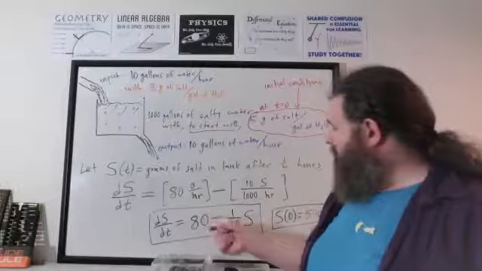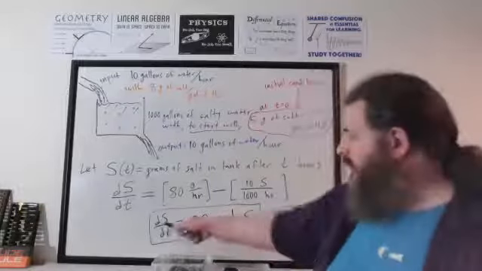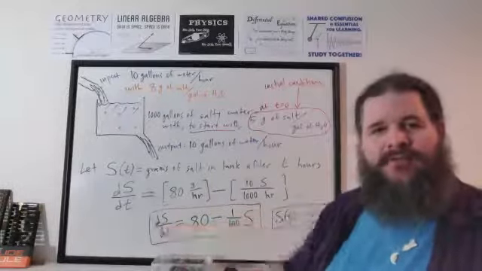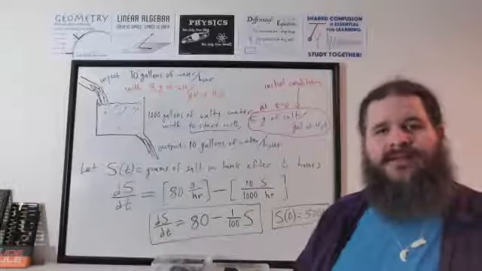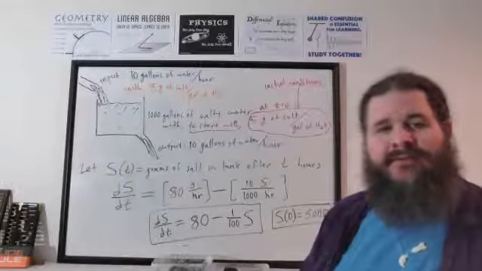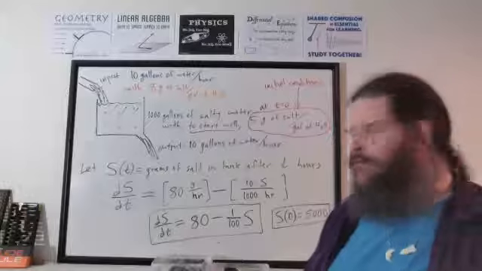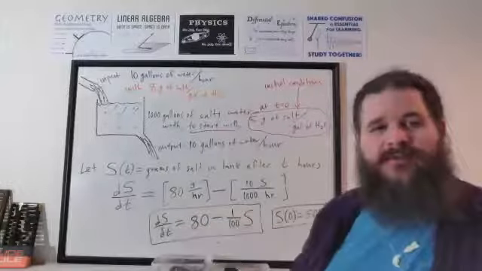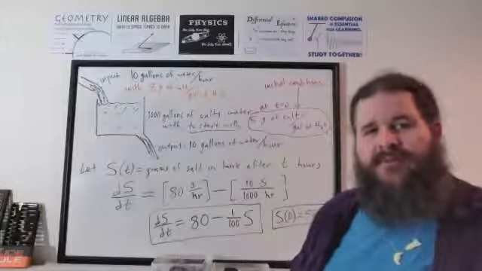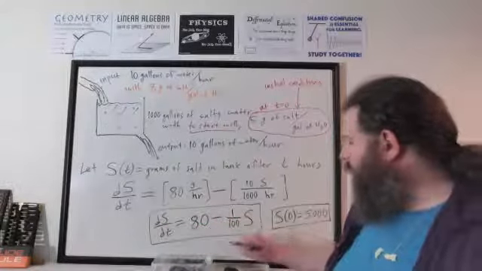We could also find that using the differential equation itself, because after a long time, what should we expect the derivative to settle down to? If this is approaching some asymptote, what's the slope going to be after a long period of time? 0. Yeah, after a long time, we should expect the slope to be 0. So to find that equilibrium, you can set the derivative equal to 0 and figure out what S has to be.